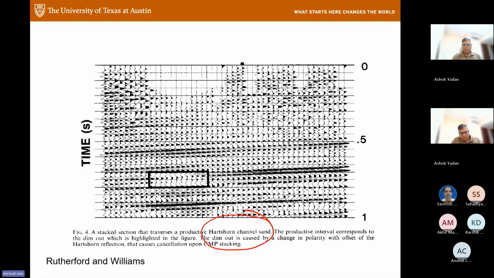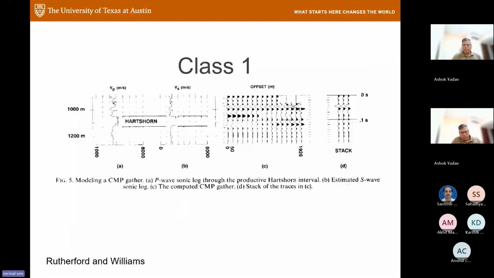And this shows that because AVO changed polarity, when you stack this, they cancel in amplitude, and this looks like a no reflection zone. So if you look at this particular gather here, you can see how the amplitude is changing and the polarity is changing, and when you stack, it shows a different character altogether.